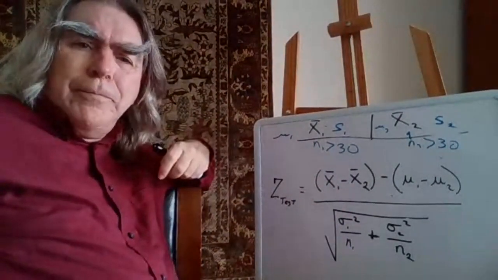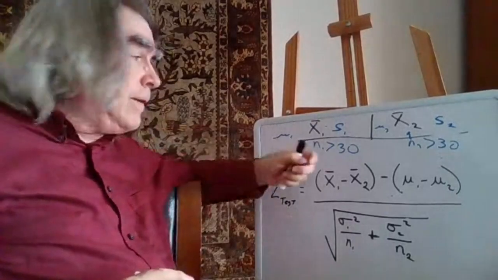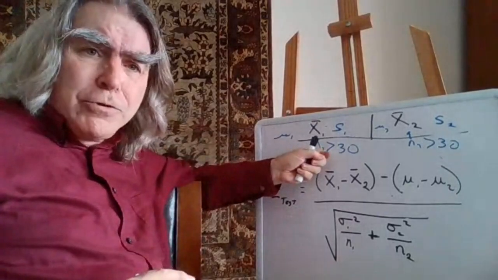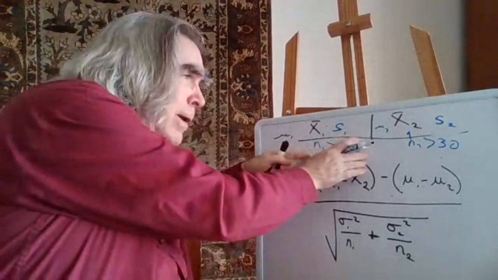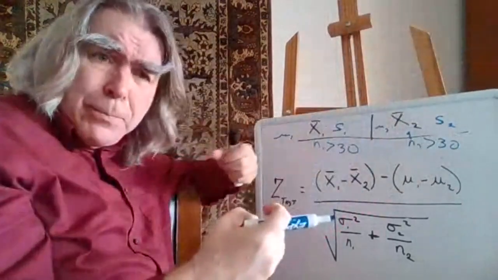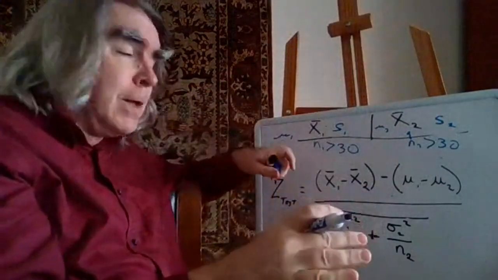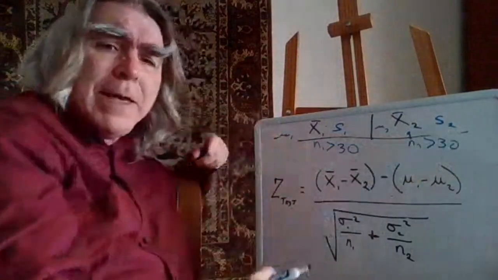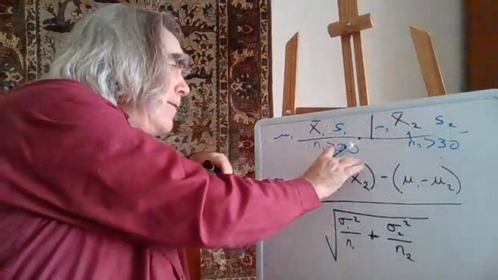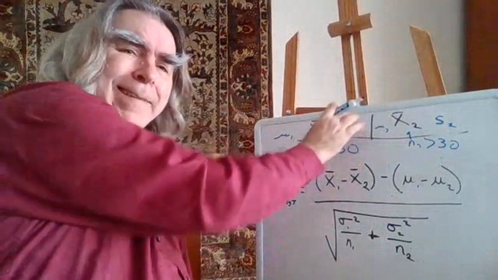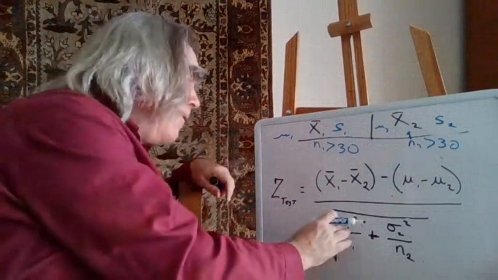What should we do? Well, the easy solution is, as long as n is larger than 30, and now we have two samples, one from the first group, one from the second group. If each one individually is greater than 30, our estimate for S1 is pretty good.